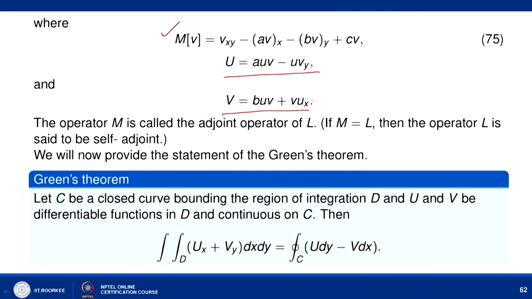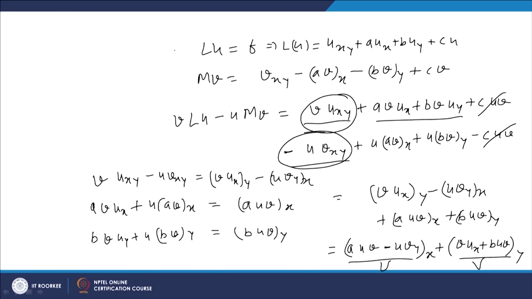So, we have written that if we take L u as this and M v as this, then you can write v L u minus u M v as u_x plus v_y here. Now this is some identity which is known as Lagrange identity. It is similar to the ordinary differential equation.